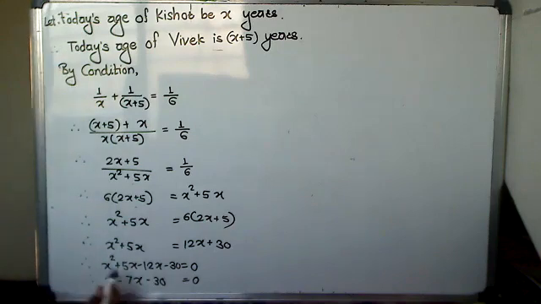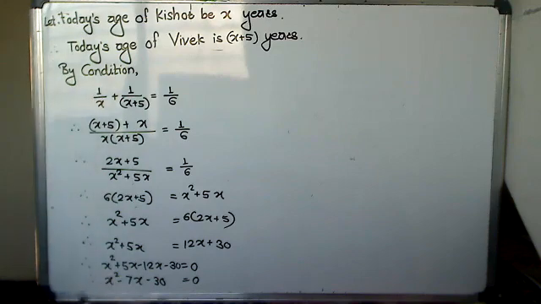Now this is a quadratic equation, and we can solve it by the factorization method. We have to find two factors whose multiplication is 30 and whose subtraction is 7. 10 and 3 are the two factors.